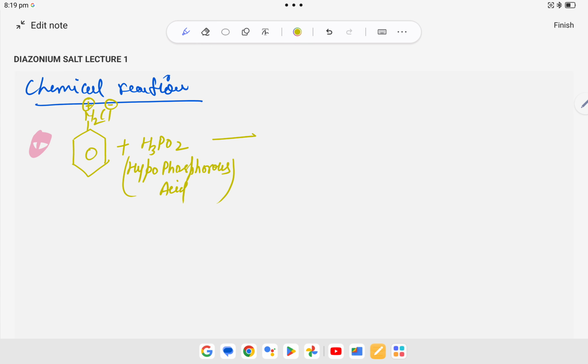In that case benzene will be formed, along with H3PO3, N2 and HCl as byproducts.